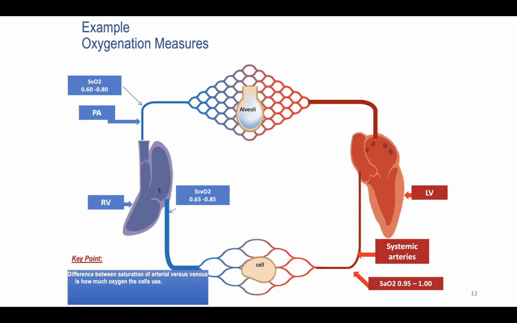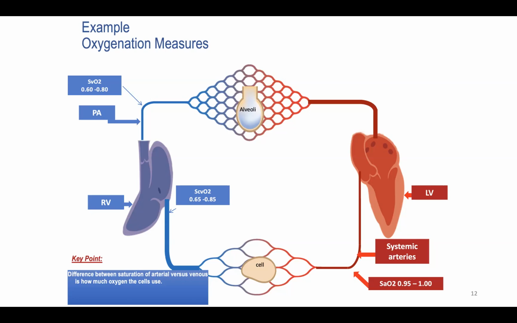That difference is going to be bigger because the cells are using more oxygen, if they need it and they can get it. And remember what that issue is. You're not delivering enough or the cells are demanding too much. That's it. There's no hidden message. You're not delivering enough because you don't have an adequate cardiac output or you don't have an adequate hemoglobin.